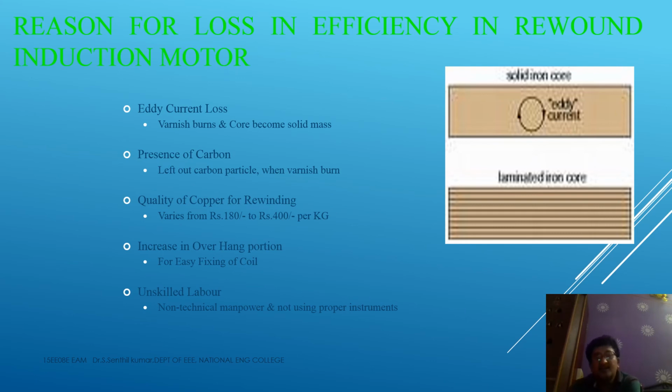The reasons for losses of efficiency in the rewound induction motor are due to the following factors. One is eddy current losses.